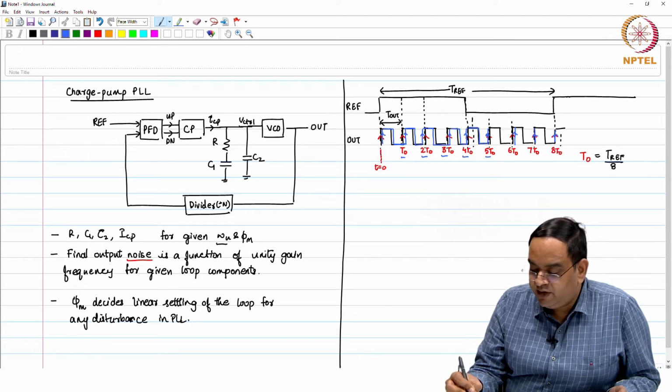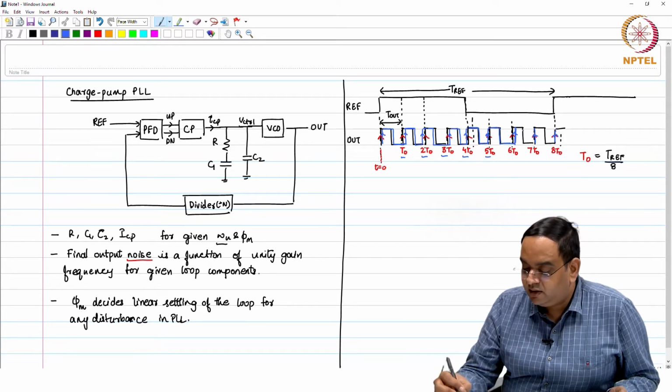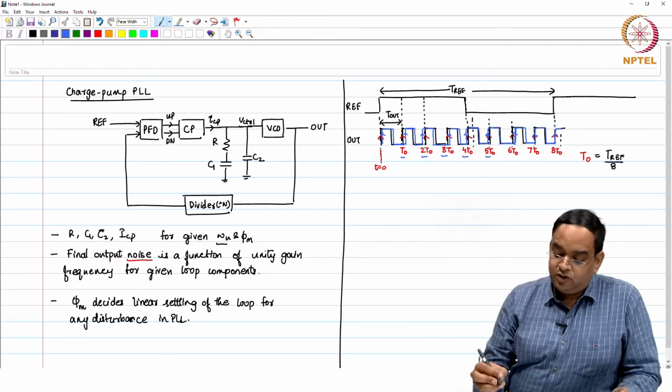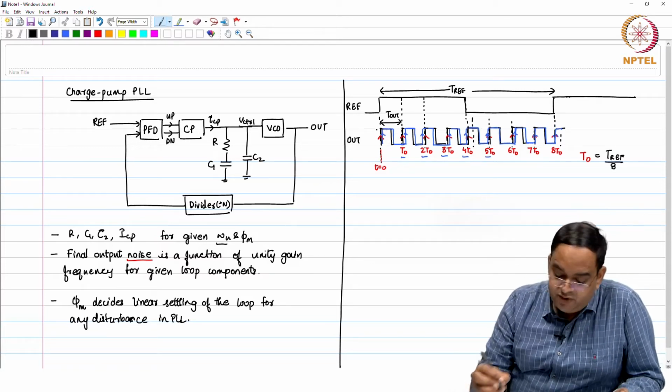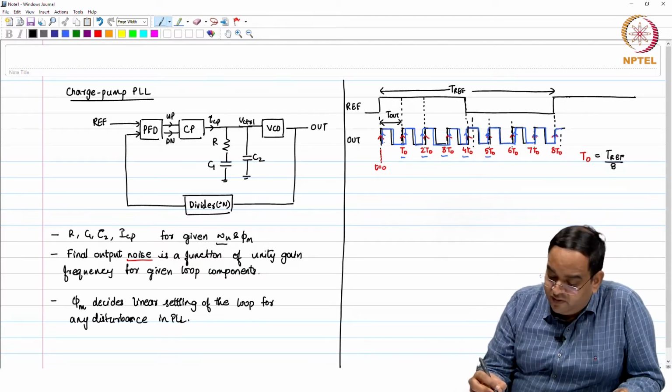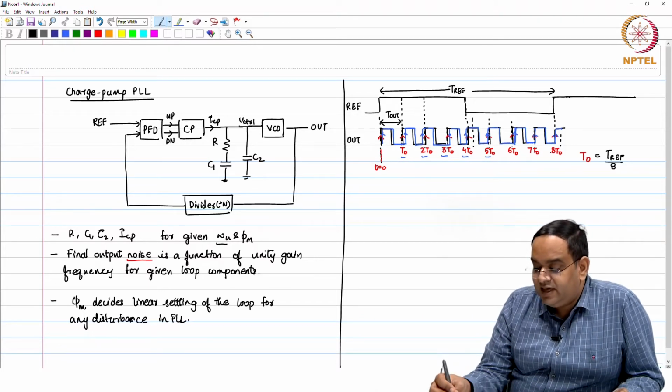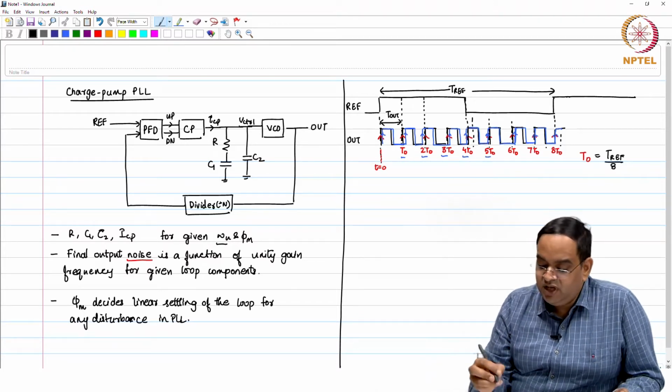By how much magnitude, that is still a random value. So, the difference between the actual rising edge and the ideal rising edge is something which we calculate.